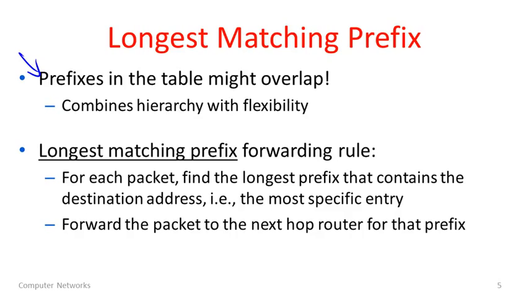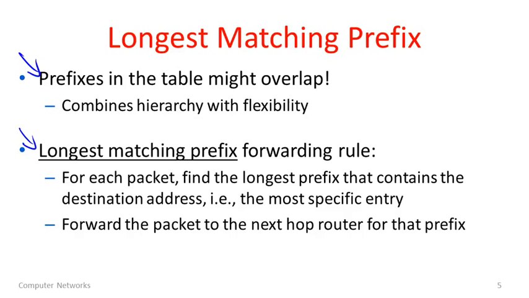But with prefixes, you can have prefixes of different lengths and they can overlap one another. To resolve this, we use a forwarding rule called the longest matching prefix rule, which I'll tell you about. And this rule is able to combine the hierarchy that we get from using prefixes with a little bit more flexibility, even though the longest matching prefix rule is a little more complicated than a straightforward table lookup.